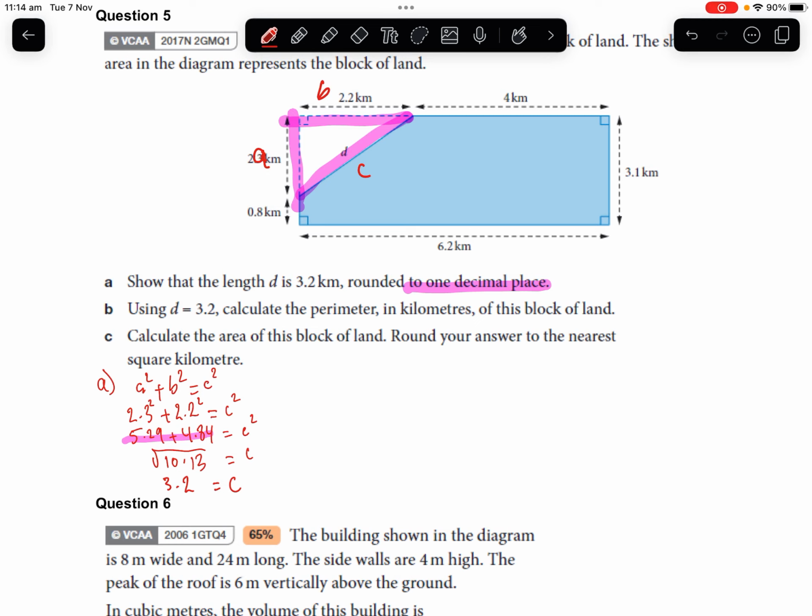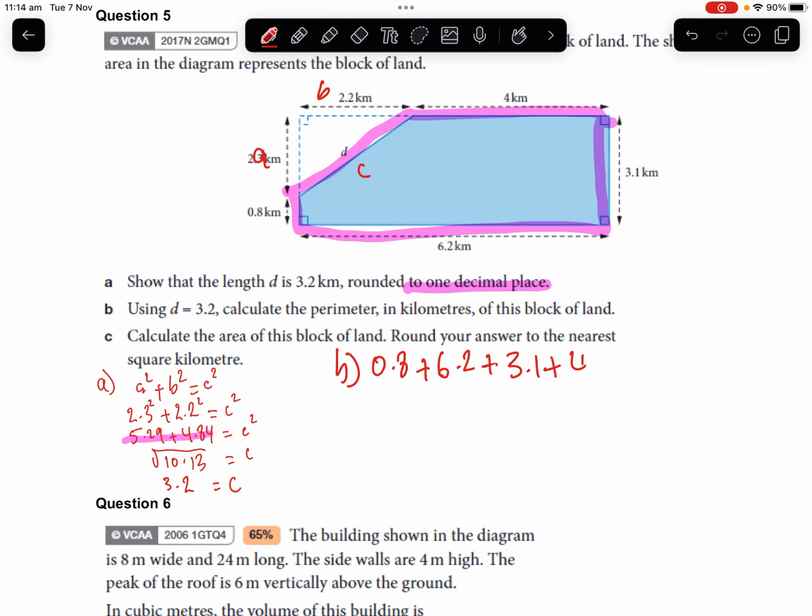5b. Using D equal to 3.2, calculate the perimeter in kilometers of this block of land. Perimeter is adding all the sides together. The block of land is the shaded area, so this part here. We add 0.8 plus 6.2 plus 3.1 plus 4, and finally D, 3.2.